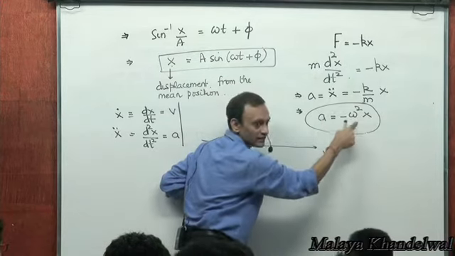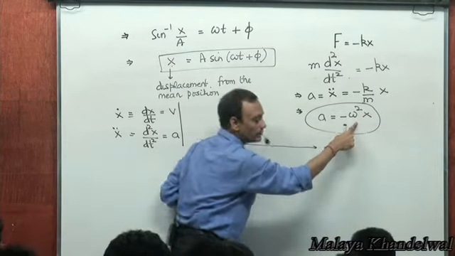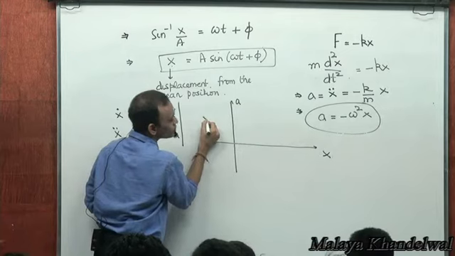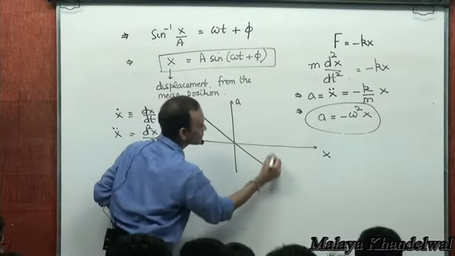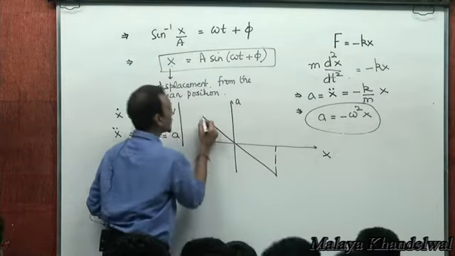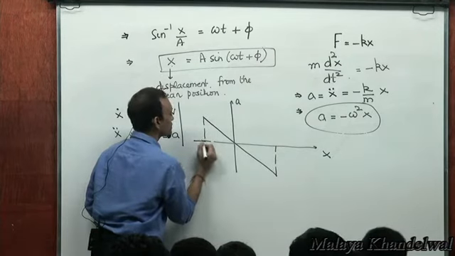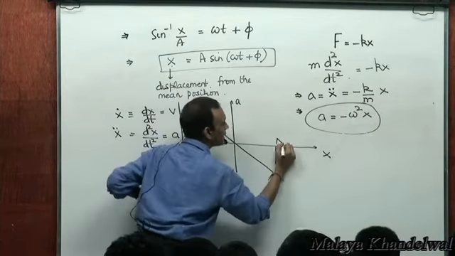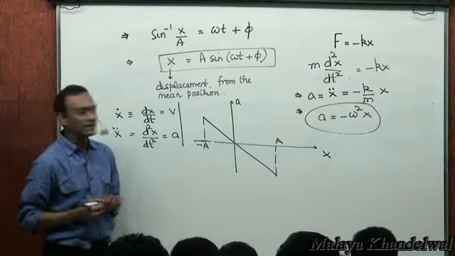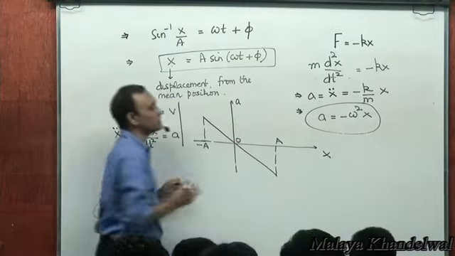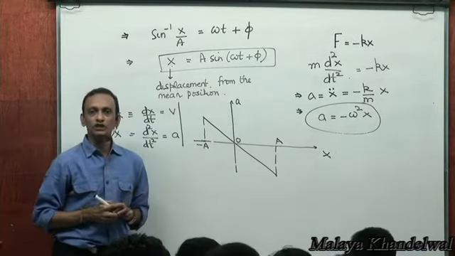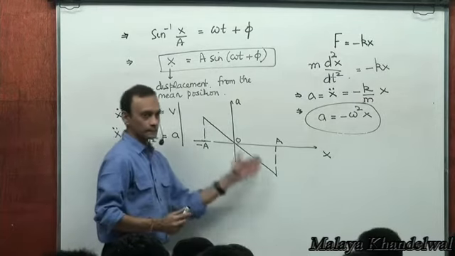Y equal to mx, m is negative, m is minus omega squared. So do you realize that it's going to be a straight line like this, between x equal to minus a to plus a? That's the variation of acceleration with x.